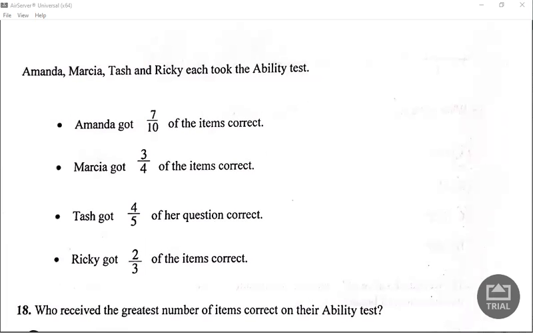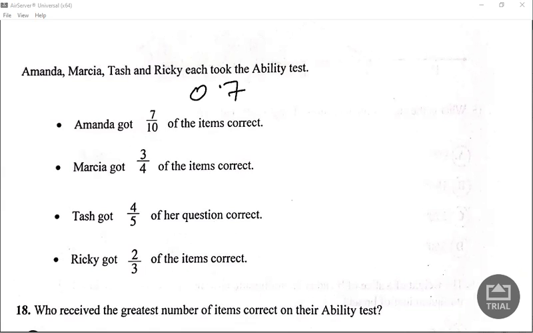You could convert to decimal and get the answer just the same. For example, 7/10 would be 0.7, 3/4 would be 0.75, 4/5 would be 0.8, and 2/3 would be 0.6 something. You guys should be able to convert from fraction to decimal.